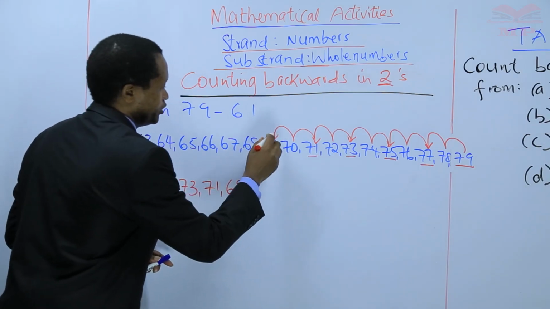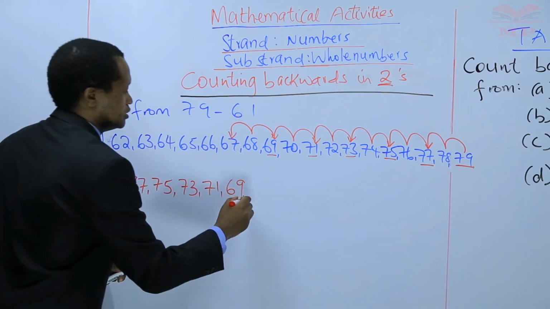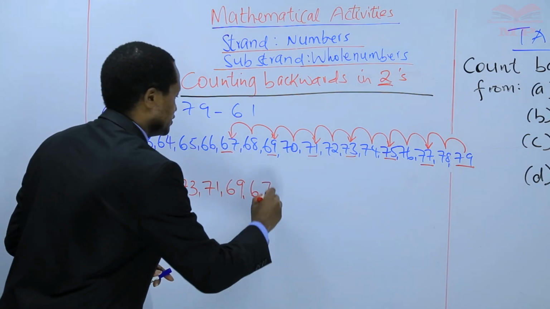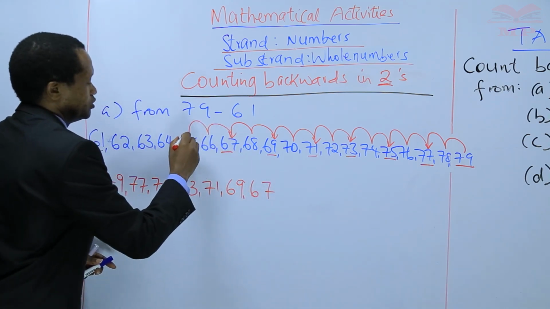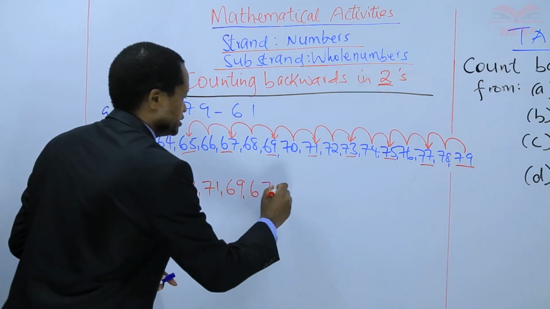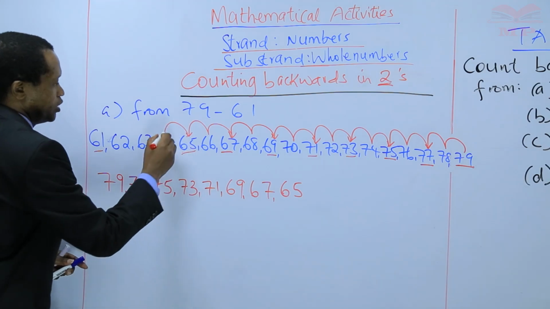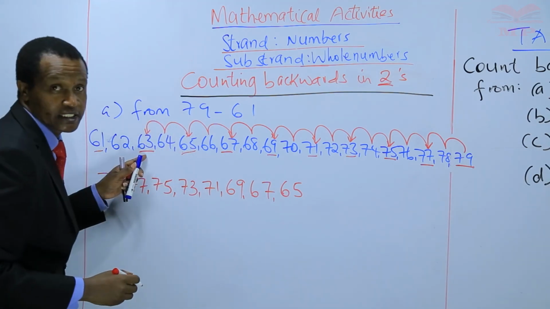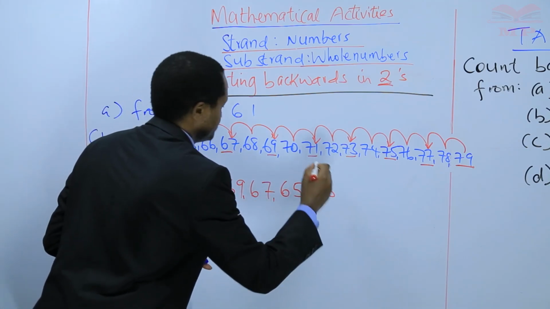After 69, we count 1, 2. This number is 67. Then 1, 2. This is number 65. I write 65. After 65, we have 1, 2. This is 63. Come here and write 63.